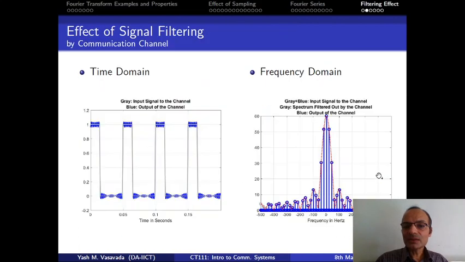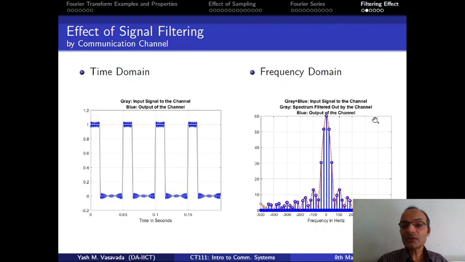Okay, so it has a sinc shape, and the width of the sinc shape depends on the width of the gray colored pulses, and the separation between the blue colored samples depends on the periodicity of the gray colored rectangular pulses which is at the input. Now, in this particular example, what I said is that my communication channel is wide.